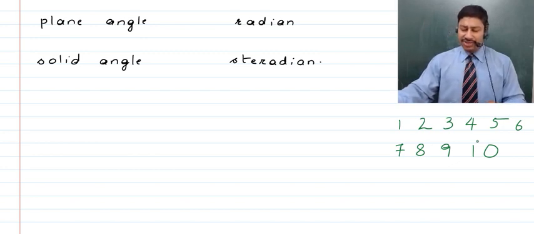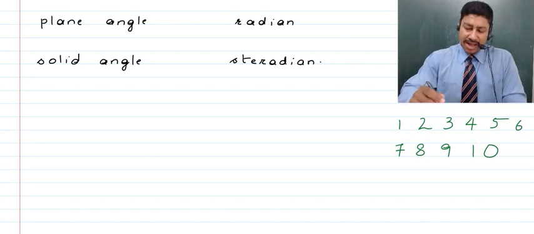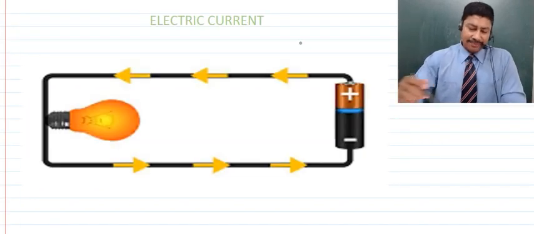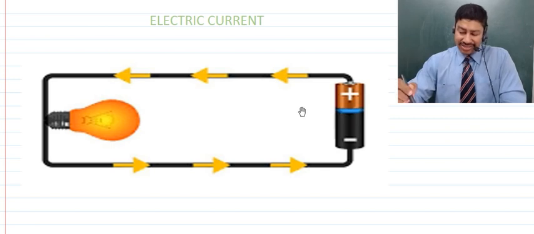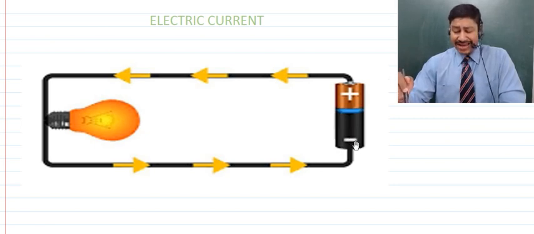Okay. Now actually what happens, children, is when we talk about electric current, remember I showed you a circuit just now, right? And here we talked about electric current as one which moves from the positive terminal to the negative terminal, as is the direction of the conventional current. And the direction of the electronic current is from the negative terminal to the positive terminal, right?